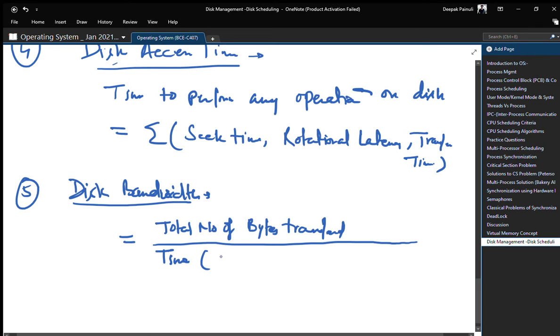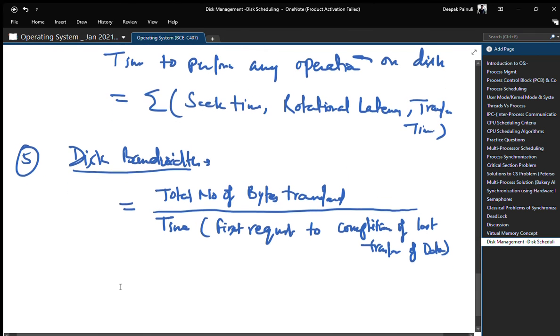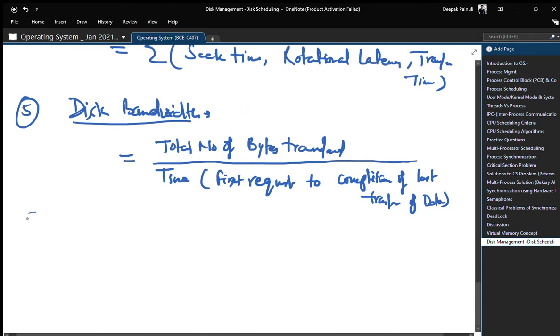And what we mean by total time is from the first request to the completion of the last transfer of data. From request to completion of transfer of data, total time taken under the category from first request to completion of last transfer of data. So total number of bytes divided by total time, by this formula we will get total disk bandwidth, right? And sixth one, we will have throughput.